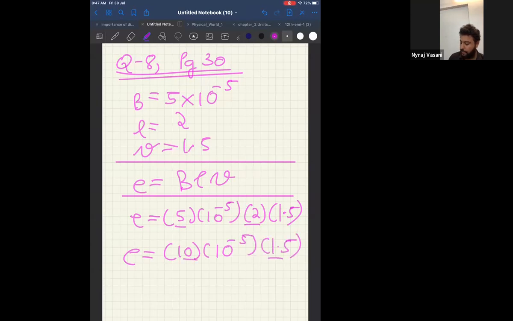Now, 10 into 1.5 is 15 into 10 power minus 5, or 1.5 into 10 power minus 4, or 0.15 into 10 power minus 3, or it is 0.15 milli. This is the answer. Therefore, the option will be D. Just check if you're getting this as your option. Option will be D for question number 8, page number 30.